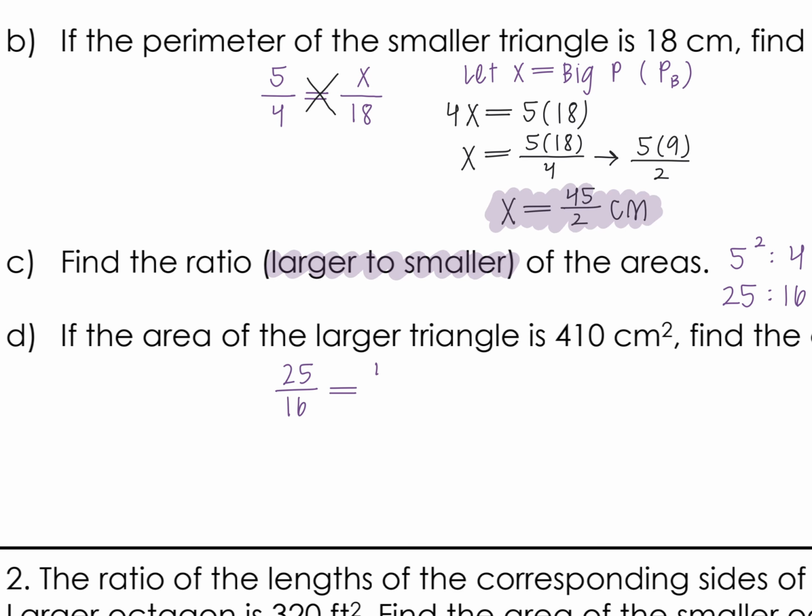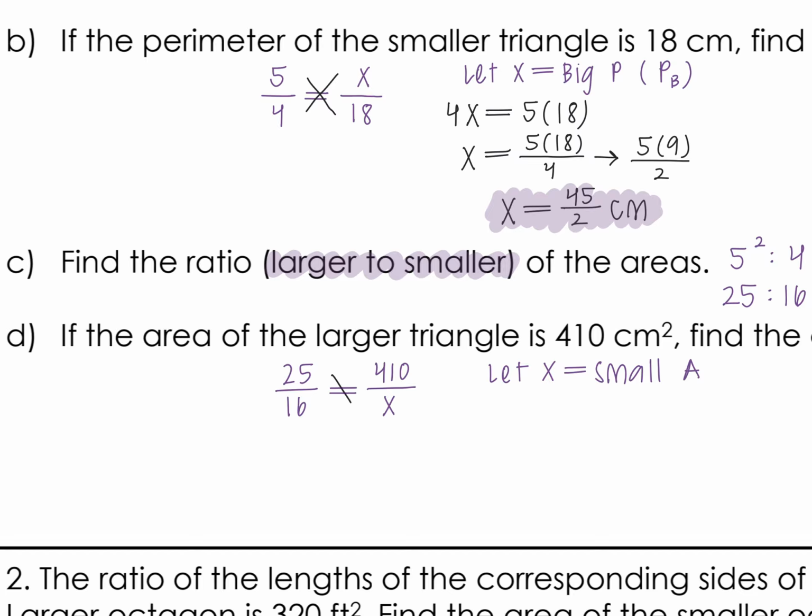So I need it to be in the numerator since that 25 is larger than 16. And once again, I'm just going to call this x and just define it to say, let x equal the small area. I'm going to use just a capital A for that.